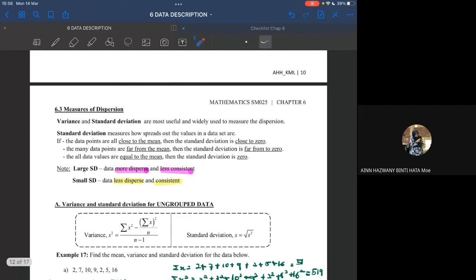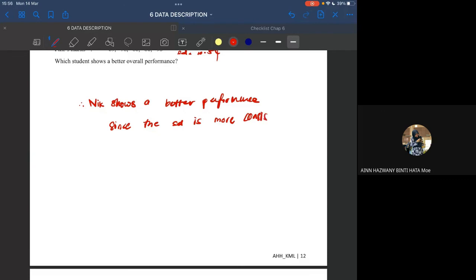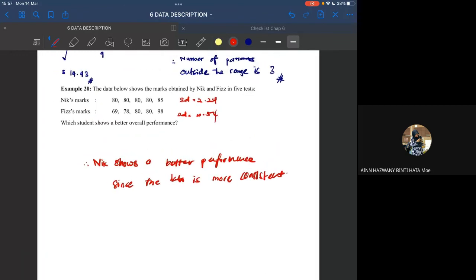So maksudnya Nick shows a better overall performance, since the data is more consistent. Okay, boleh faham ke? Boleh, Miss.